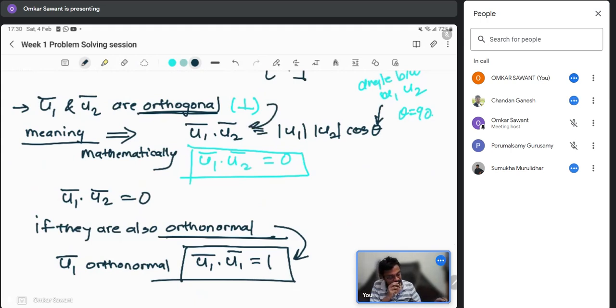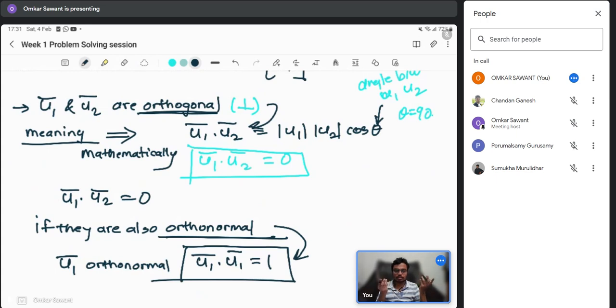Sir, but in orthonormal also, if those are perpendicular to each other, then it should be zero, no? Means the magnitude is 1 with itself. When we say whether a particular vector is orthogonal with another vector, we don't consider the vector itself. You never check whether a particular vector is orthogonal with itself.